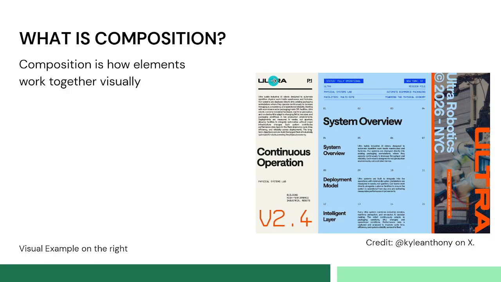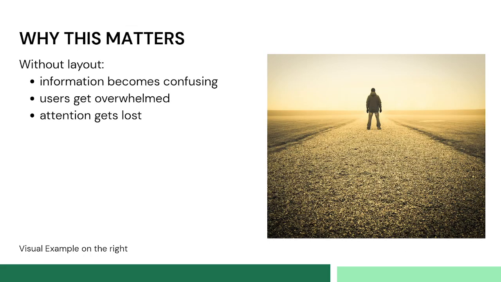The Ultra here introduces this piece of brand presentation from Kyle Anthony, and we can see that he wrote some things here about Ultra, then continuous operation here. So in essence, composition is basically how the elements on your design all work together and complement each other.